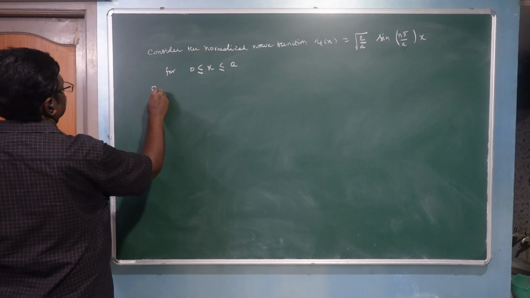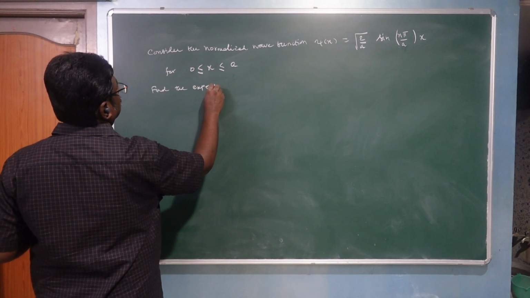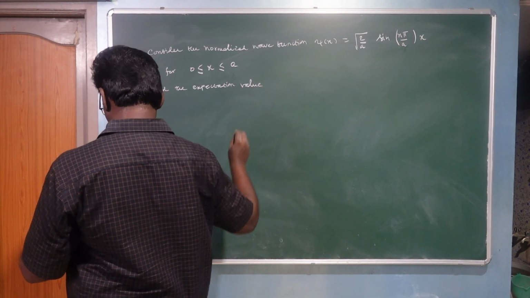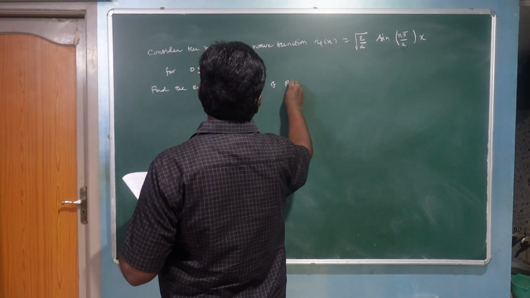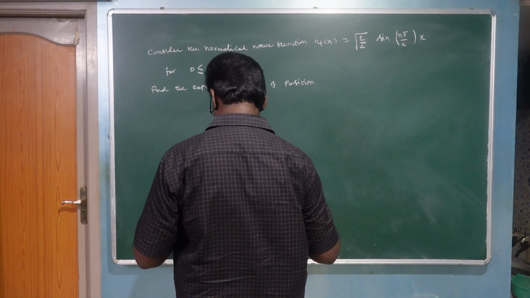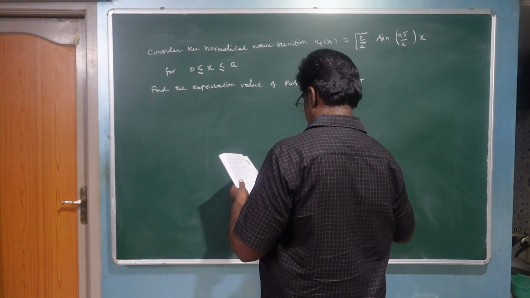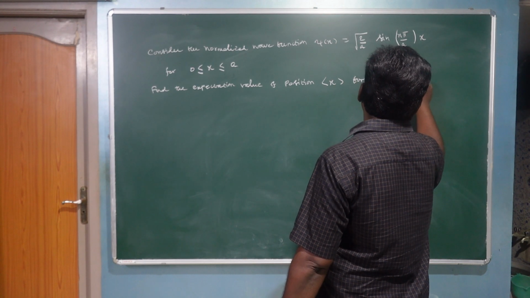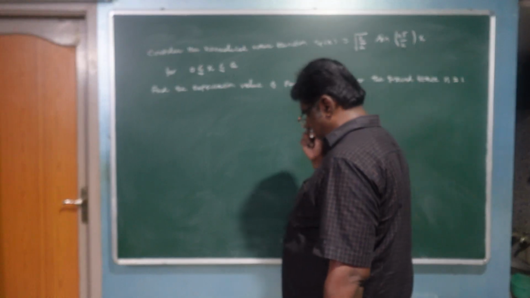Find the expectation value of position for the ground state n equal to 1.